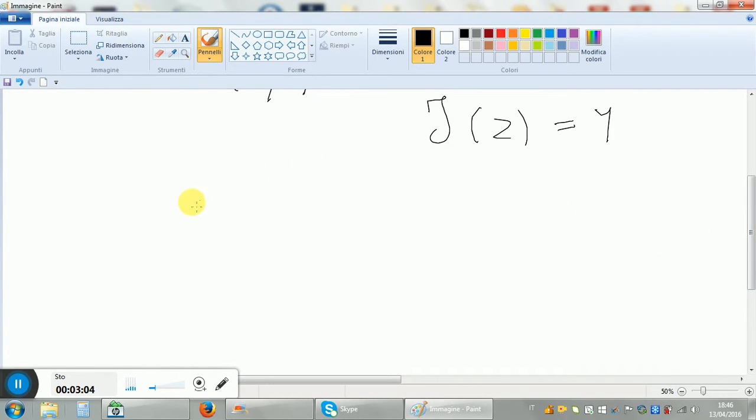A pair of type (0, y) is a pure imaginary number.